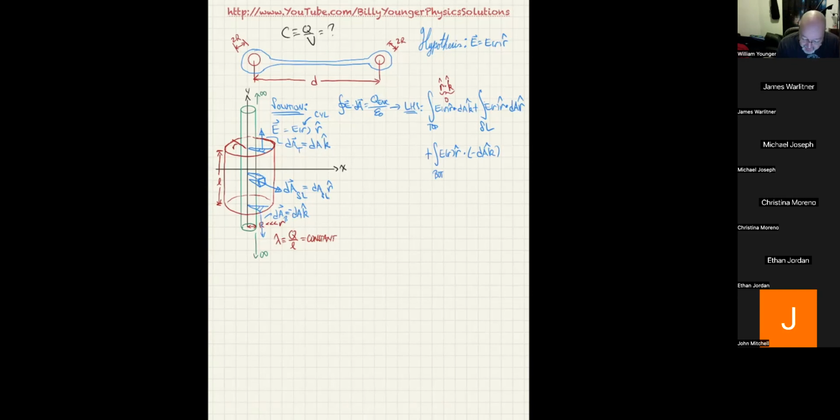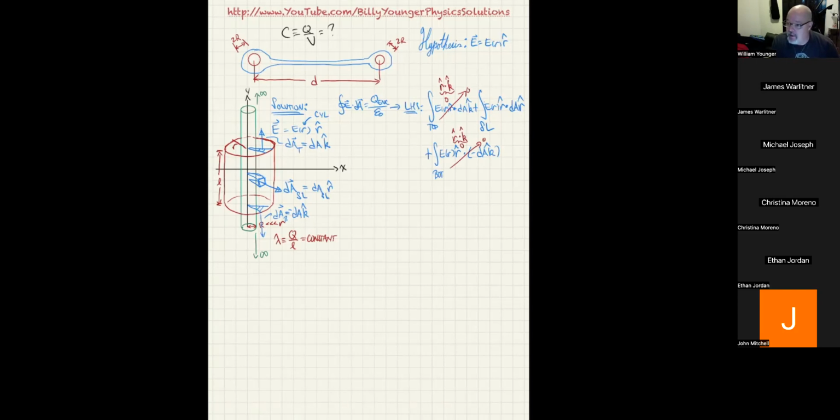And the same thing happens down here. I get an r hat dot k hat, even though it's a negative k hat, still doesn't matter. And that's going to be 0. So both of these integrals go to 0. And that's sort of the funny part. When I'm doing a cylinder, the top cap and the bottom cap are the parts that don't matter, and the soup label is the part that matters.